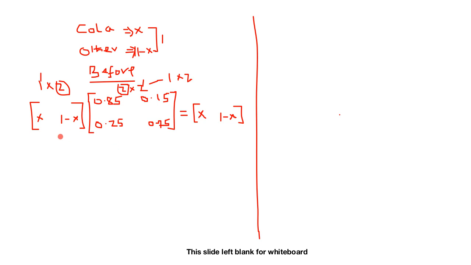If we expand on this, we will multiply the first row by the first column, and that should be equal to what we have here as x. We don't even need to go to the second column.